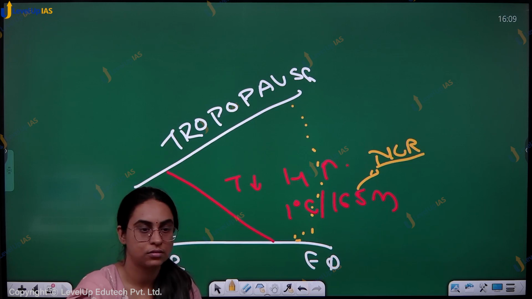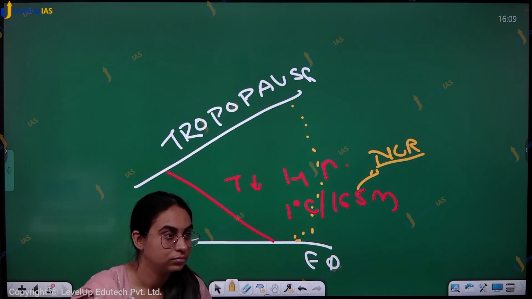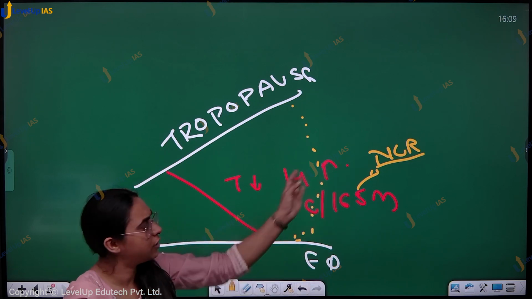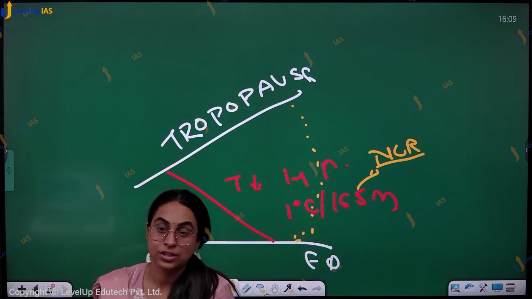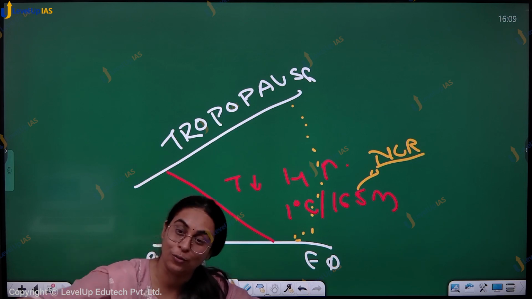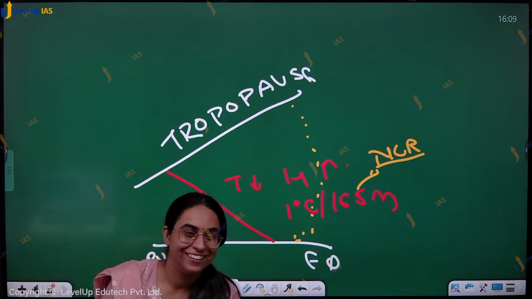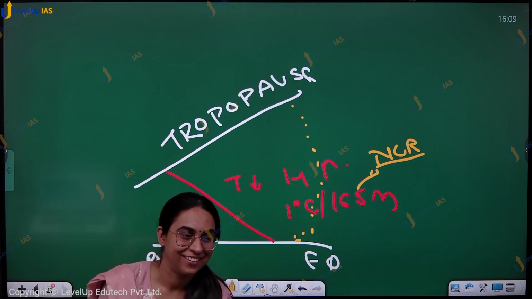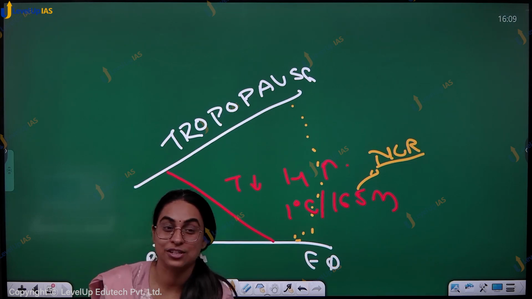What is the reason? Direct solar radiation. Shape of the earth. Gravity is more at poles.